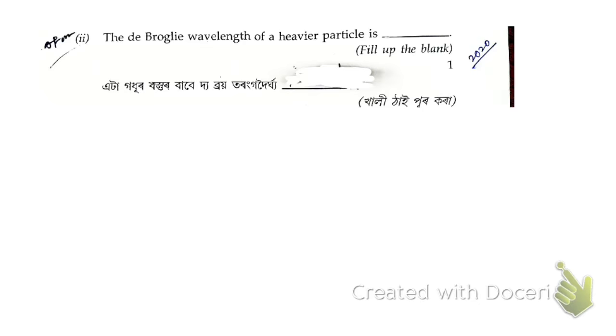So this question was asked in AHS final 2020. We know that de Broglie wavelength lambda is equal to h by momentum, that is p, and for a heavier particle the momentum is higher, so this wavelength will be very small, extremely small.